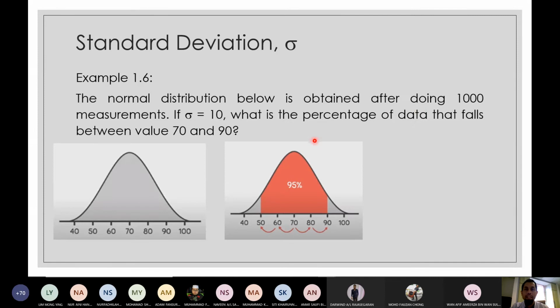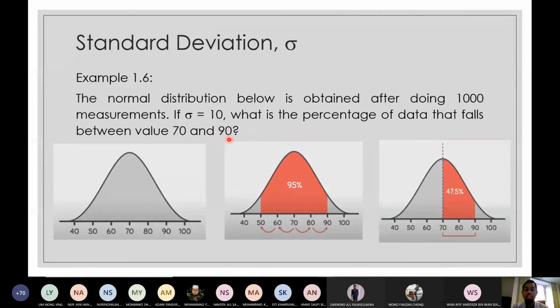Because we are only interested in the values between 70 and 90, it's actually half of 95, which is 47.5. That means from your 1000 measurements, around 475 readings should fall between 70 and 90. That is the general idea of standard deviation.